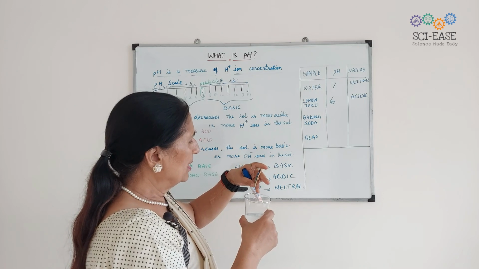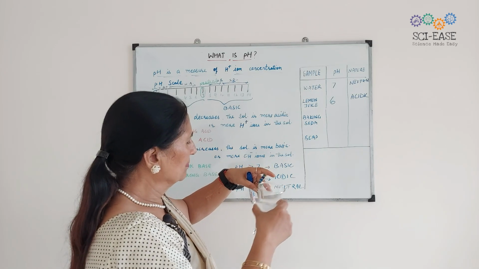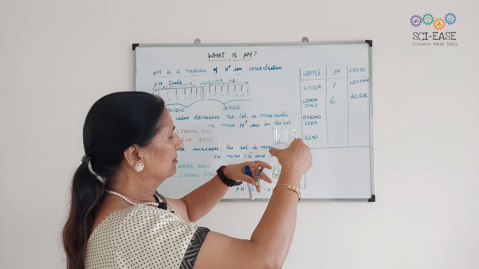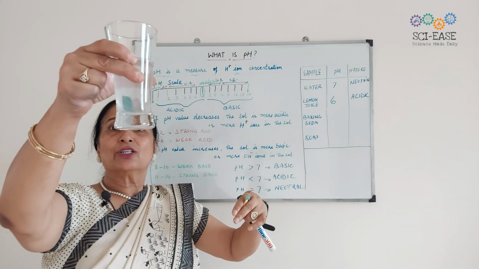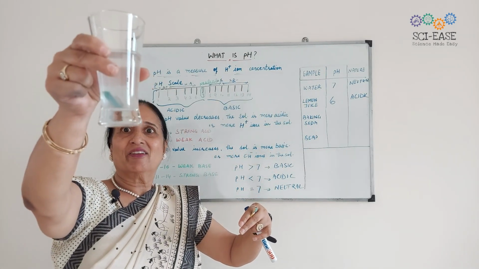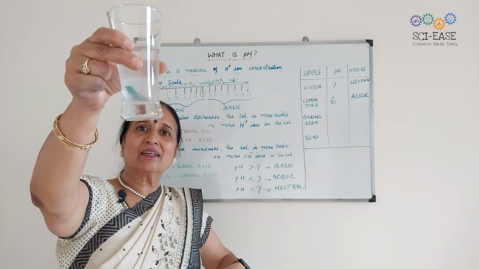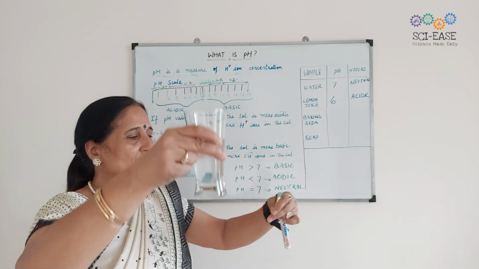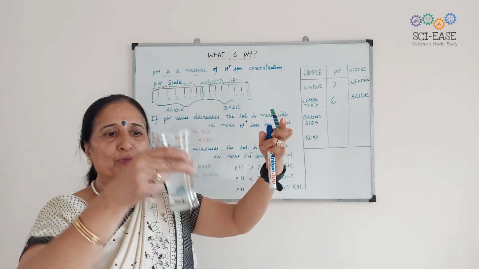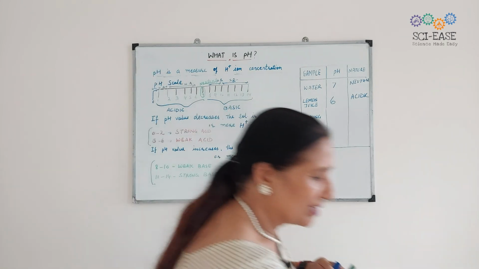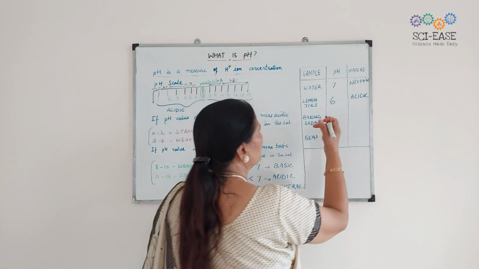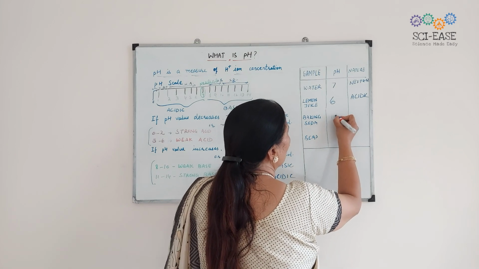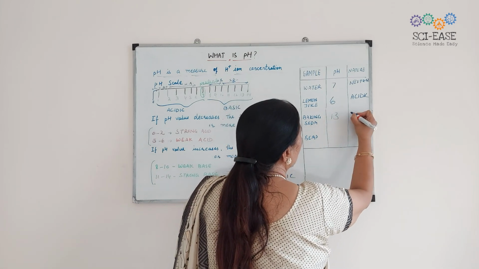It has come out to be 13. This means it is a strong base. You can see that the color has changed into greenish blue. So it is 13 pH, baking soda. So it will be basic.